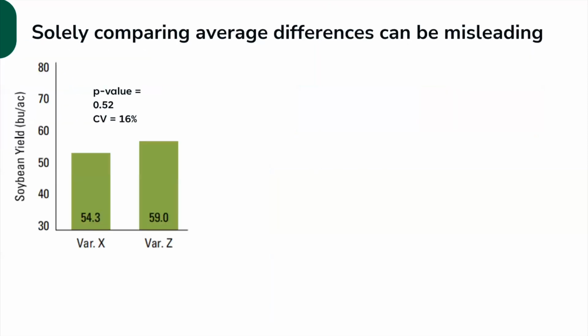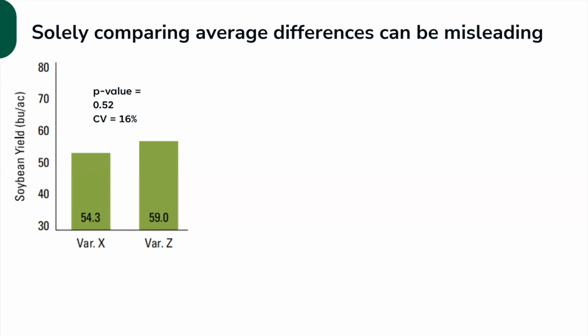Saying this, I'm going to use this example that I used for soybeans, and it's just to showcase why just comparing averages can sometimes be misleading. We have this random soybean experiment. It could be sunflower, it could be canola, whichever crop you like the most. Here we have variety X and variety Z, and variety Z has a trend of having higher yields.